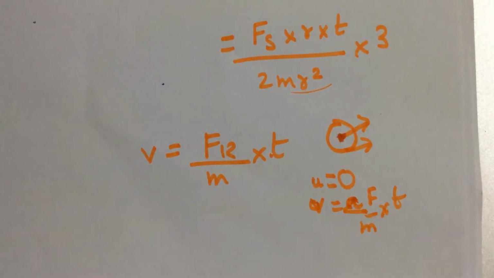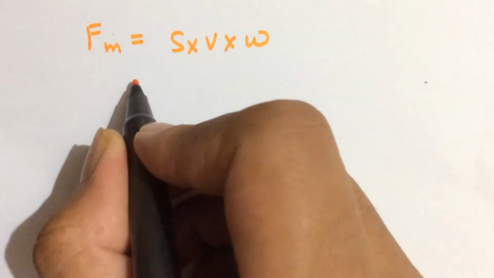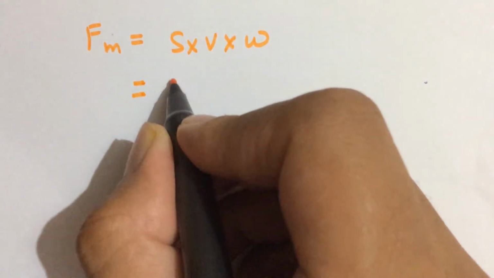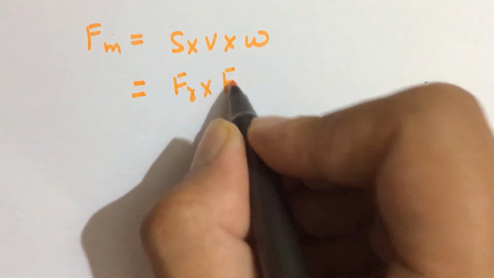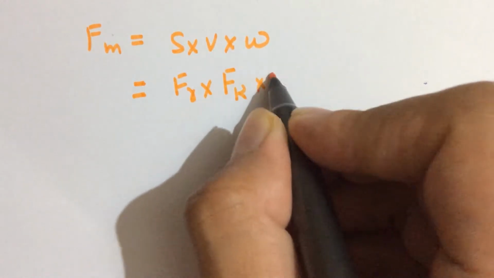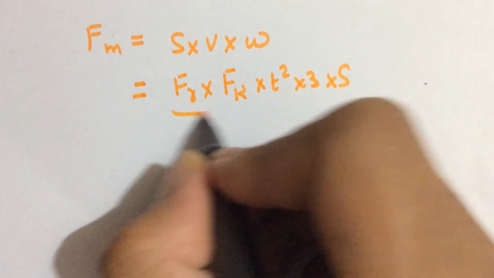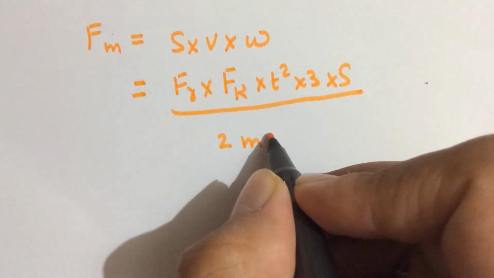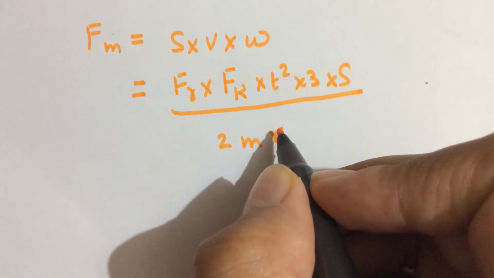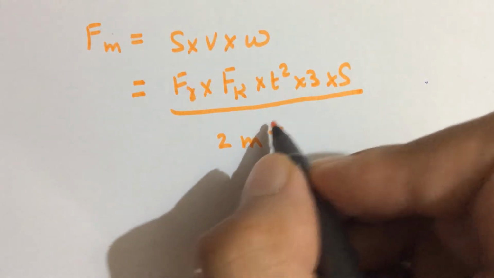Okay, so let's get down to the math. So I can write this is equal to Fr, I'm simply plugging in the values, Fk into t square 3 into S divided by 2 mr. Okay, so there has to be an r on the top.